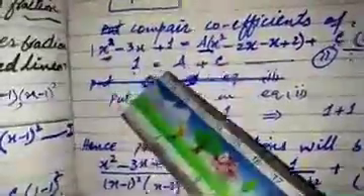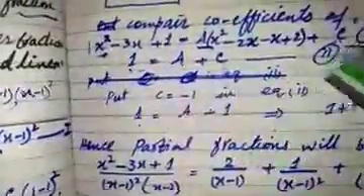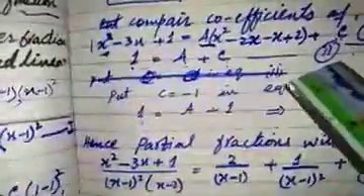Now comparing coefficients of x squared, we get 1 on the left side equal to a for x squared, plus c. This is equation number 2.